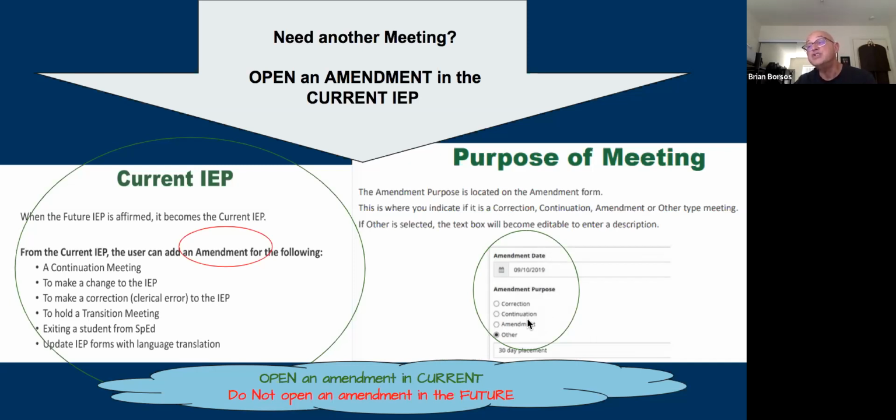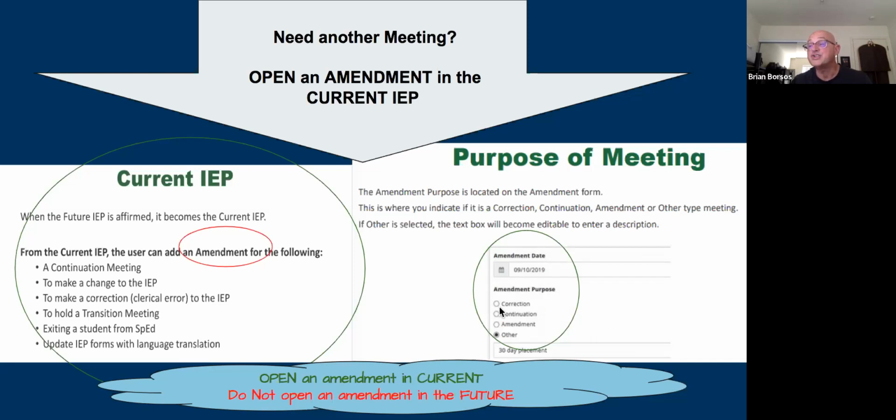It could be a continuation. An annual IEP or a triennial or even an initial IEP may not have been completed in one meeting, and there may be 2 meetings or more than that sometimes. So if it's a continuation of that first meeting, then this amendment would be that continuation meeting purpose. An amendment is when any part of the IEP is changed, any part of that document, especially any goals or services; that requires an amendment to be held.